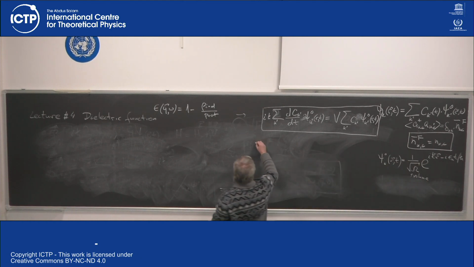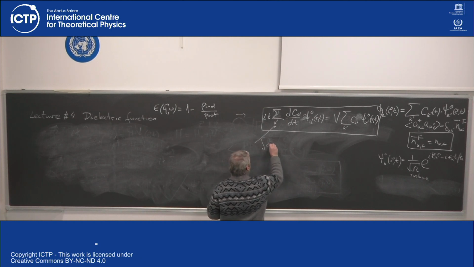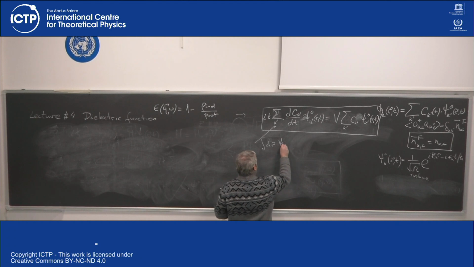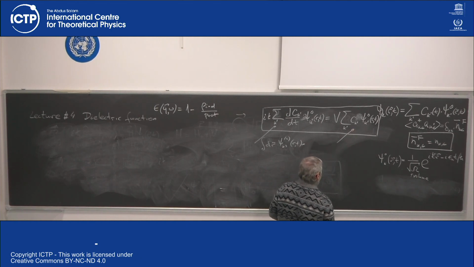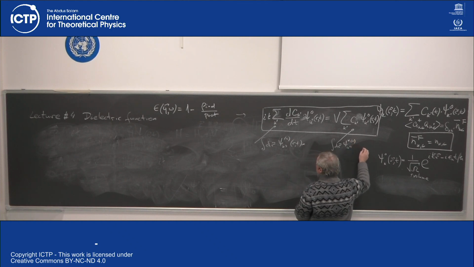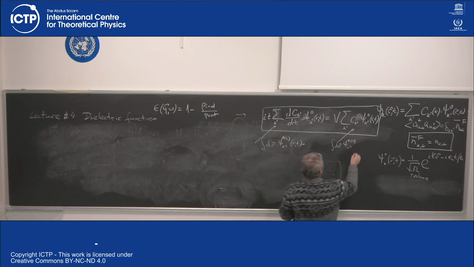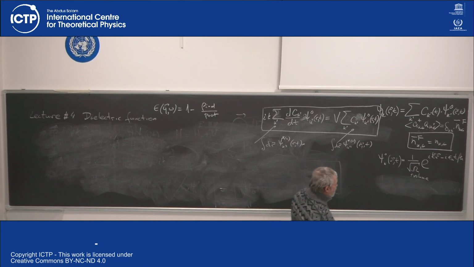I will multiply by psi_k''^0 star (r,t) and proceed with integration. And I use the fact that I have an orthogonal basis of these functions.